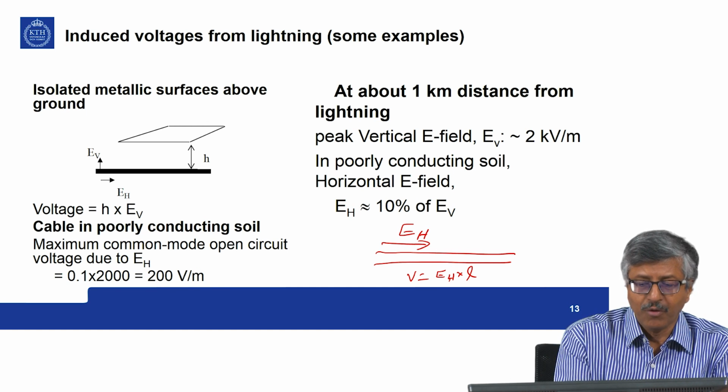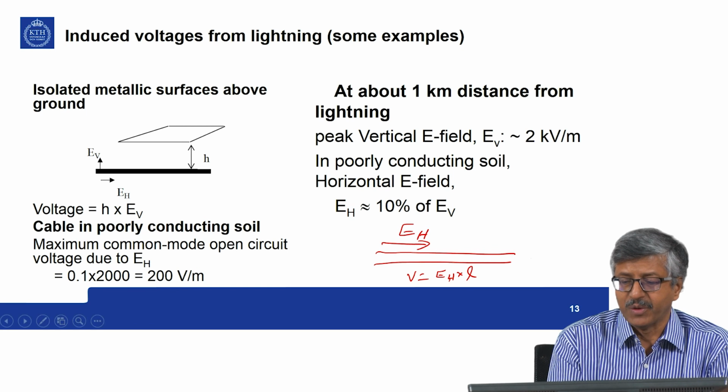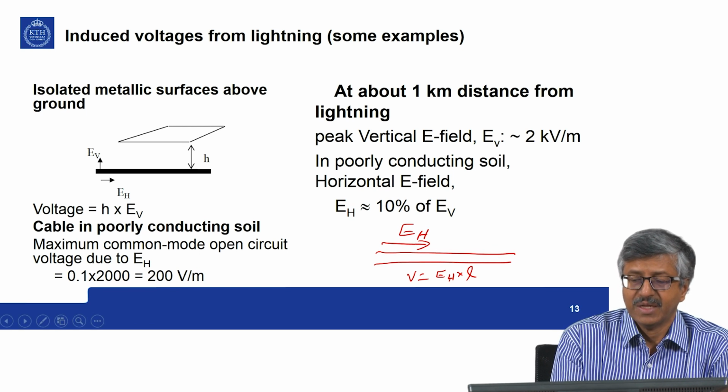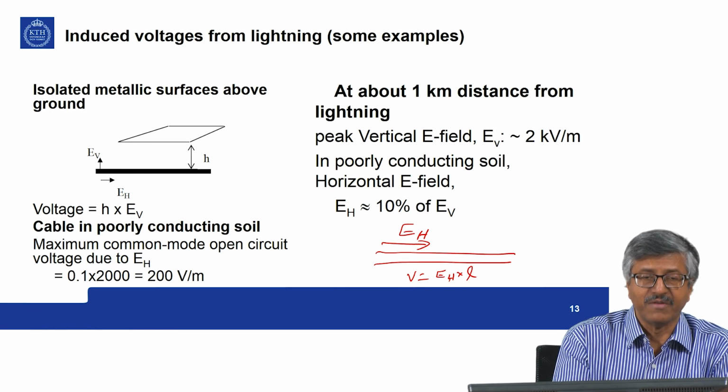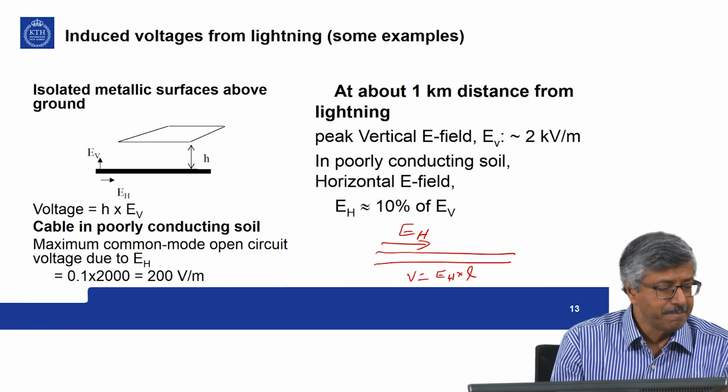So, around 200 volts per meter can be produced on the shield as an open circuit voltage due to this vertical field from lightning.